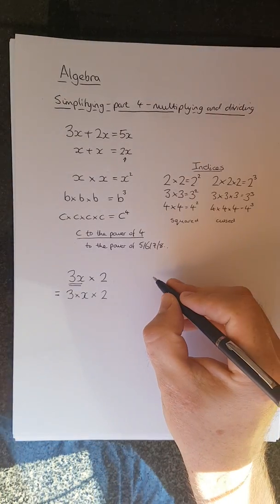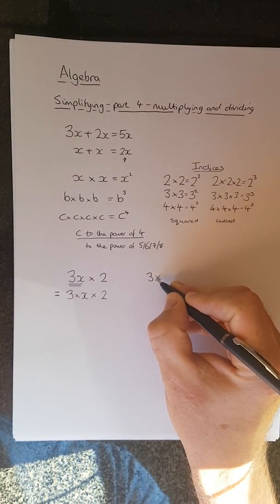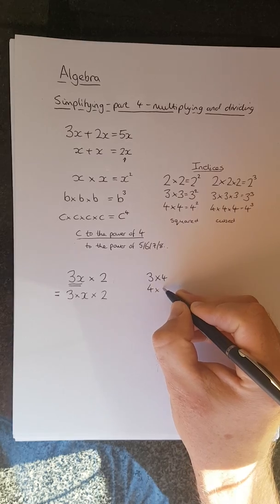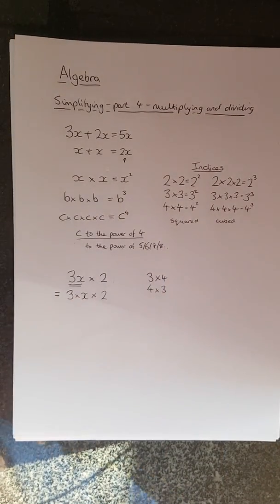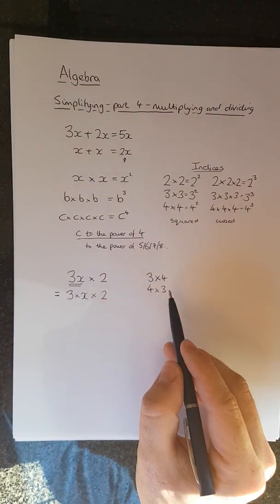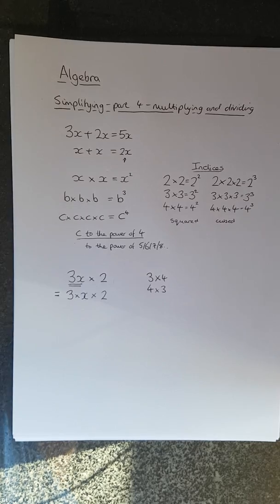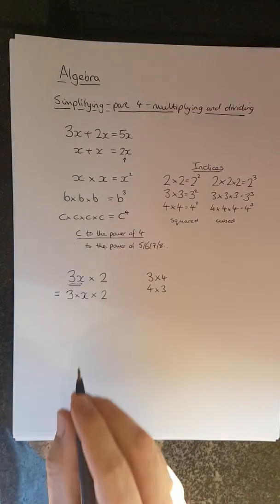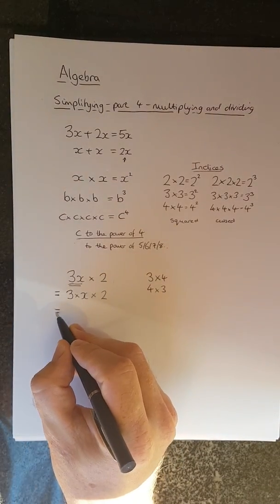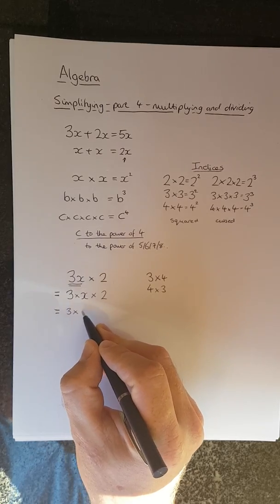If you remember, we've looked at multiplication before and we found that 3 times 4 and 4 times 3 were the same sum. Because multiplication, the order doesn't matter. So let's change the order here and see if that makes it nicer.